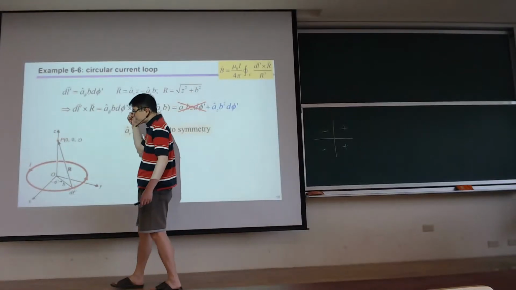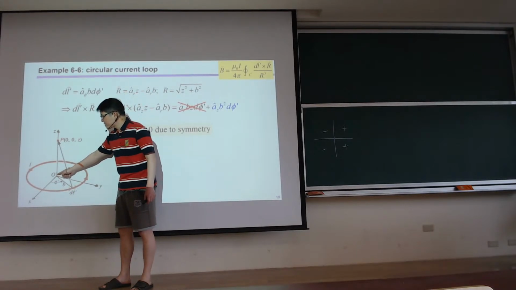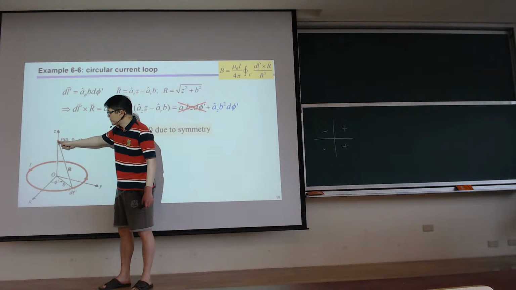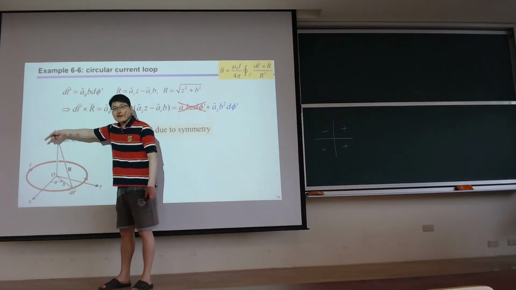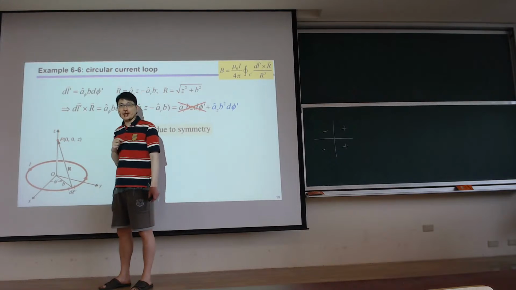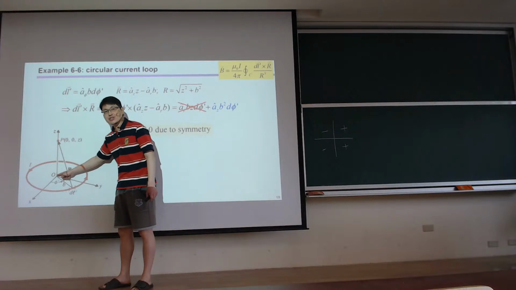Well, it is because in the current case, we're trying to observe the B field at a beautiful phi symmetric point. We are exactly at the top of the center.